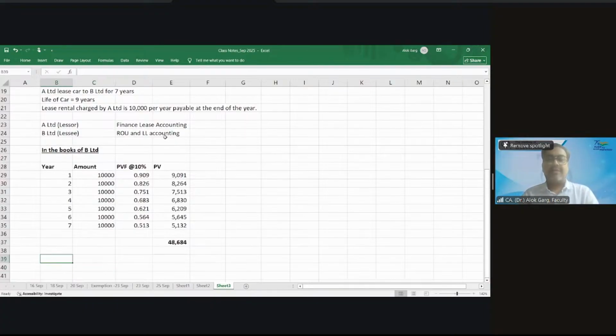So what accounting entry will I pass in the books of B Limited? In the books of B Limited, ROU and lease liability accounting will happen.